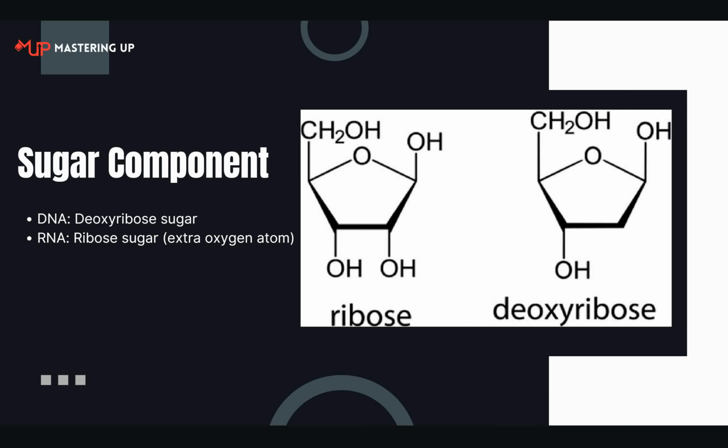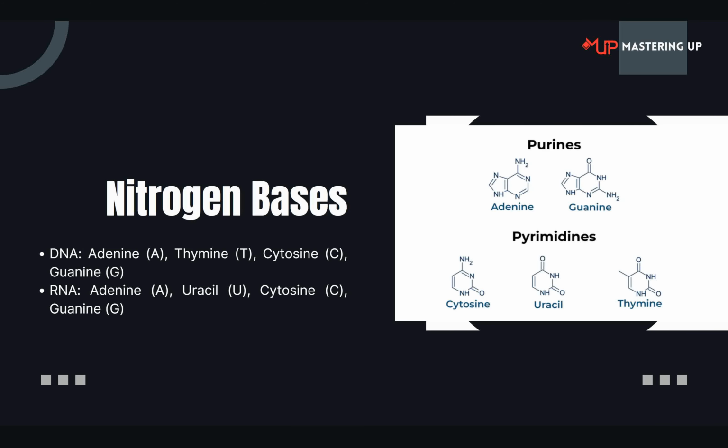And in terms of bases, that is nitrogenous bases, DNA uses thymine, while RNA substitutes the thymine with uracil. These structural differences affect their stability and function in the cell.